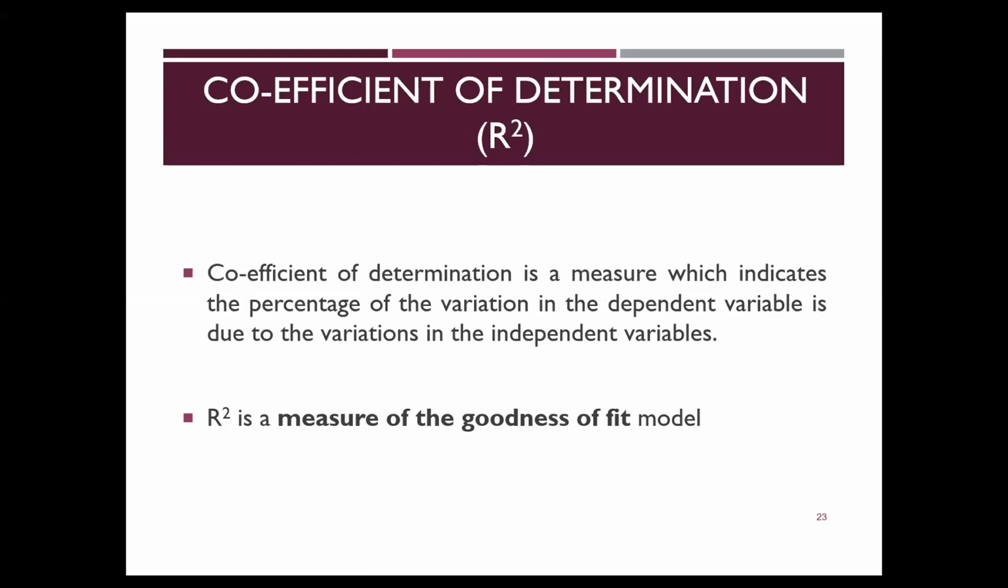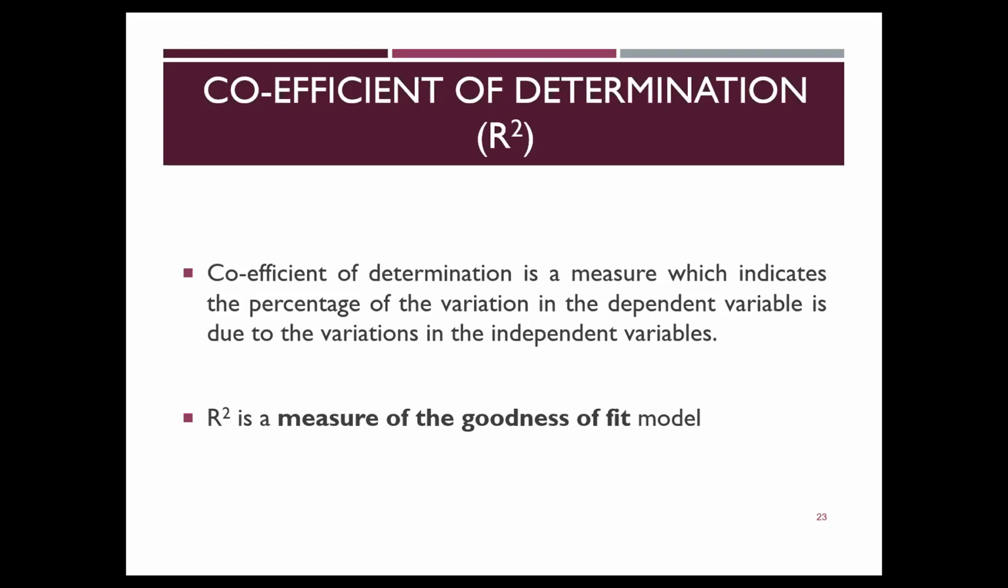For example, if it is 50%, we can say that 50% variation in the weight can be explained by the plasma volume. That tells you how good your model is. If it is close to 100, it is better. If it is less than say 50 or 20, we can't say that the variables you have taken are good to predict the outcome. It tells you about the goodness of fit of the model.